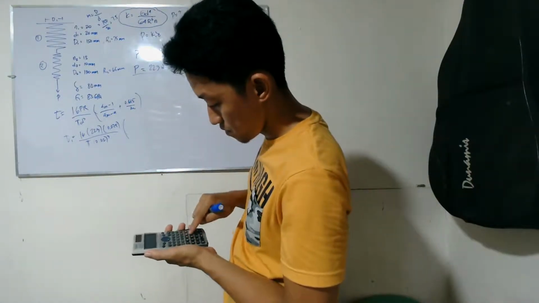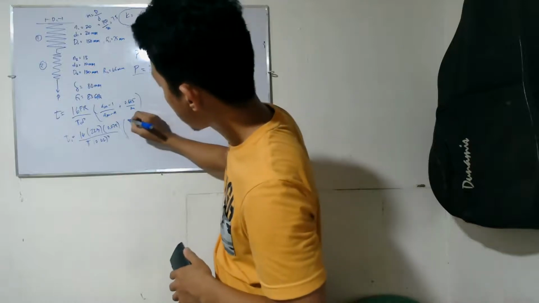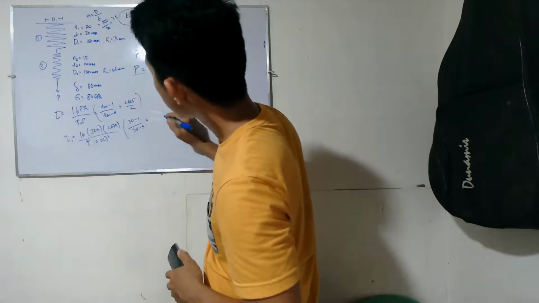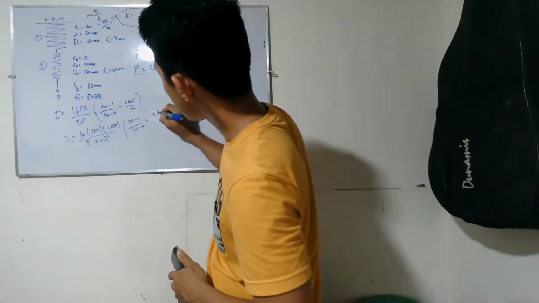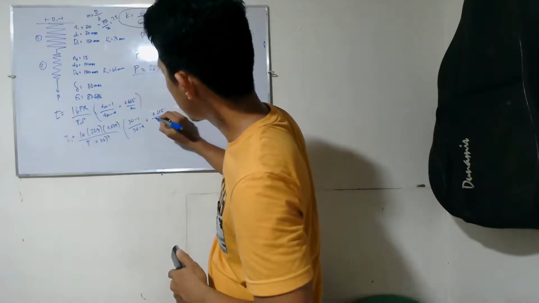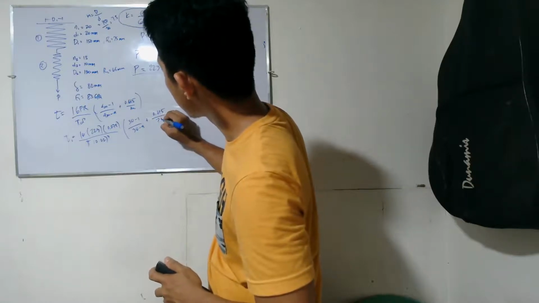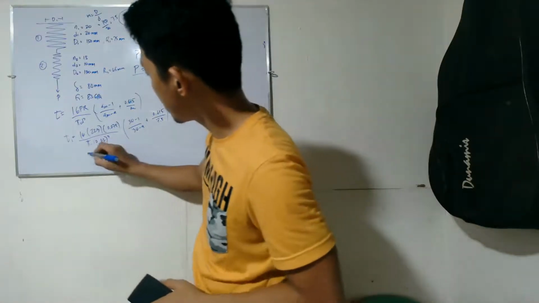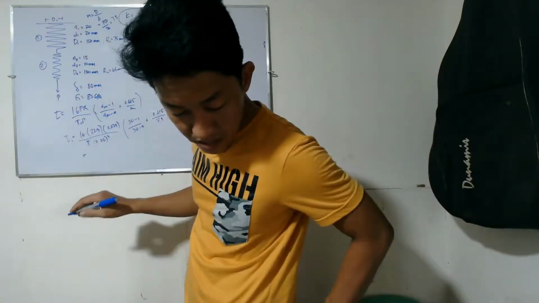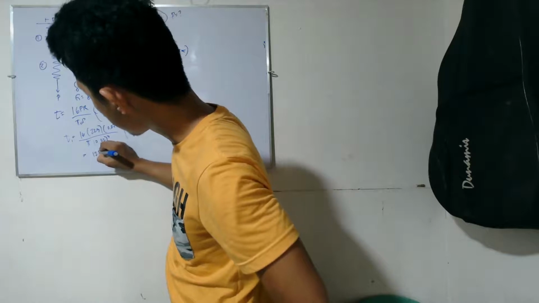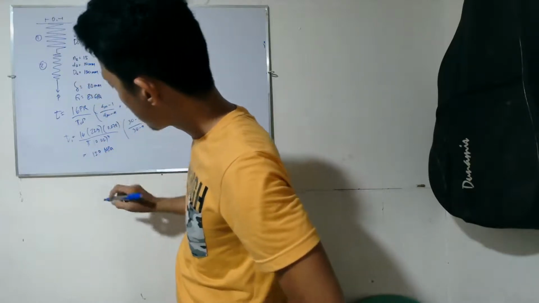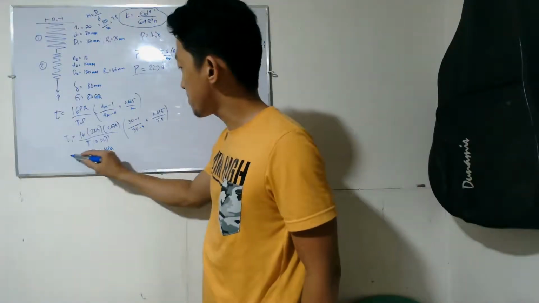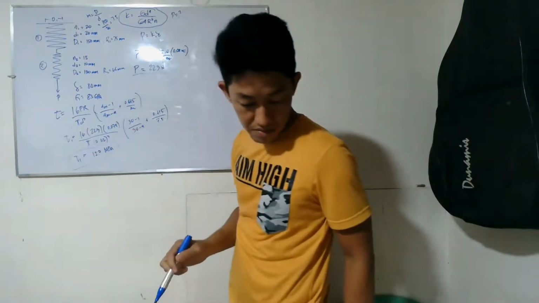So 7.5 times 4 is 30. So you have 30 minus 1 over 30 minus 4 plus 0.615 over 7.5. So the stress in spring 1 is 12.7 megapascal. Again, when you solve, you should include the units so you know.